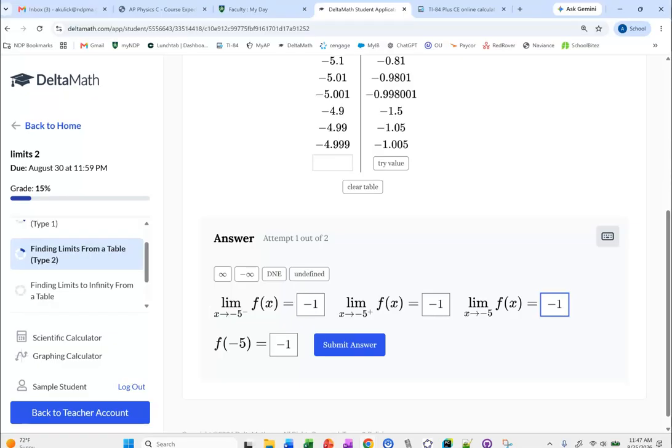Okay. If you're trying to picture what this would look like in your mind, as we approach -5, it's going to -1. At -5, it's -1. And then as we leave -5, it starts at -1.